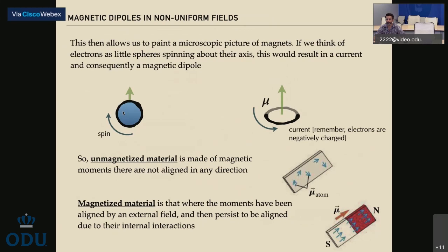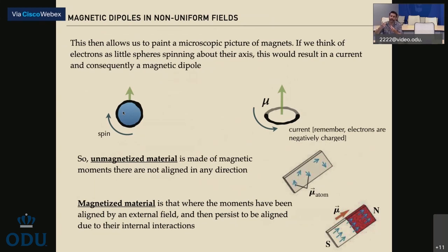Well, if we think of it as a classical sphere with charge, and it were rotating and spinning about some axis, it would generate a current, because it has some distribution of charge inside of the sphere, and if it starts to wrap around itself, it would generate a current.